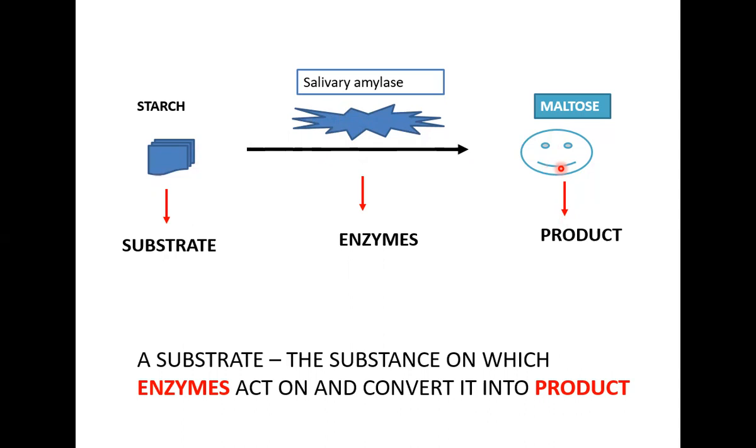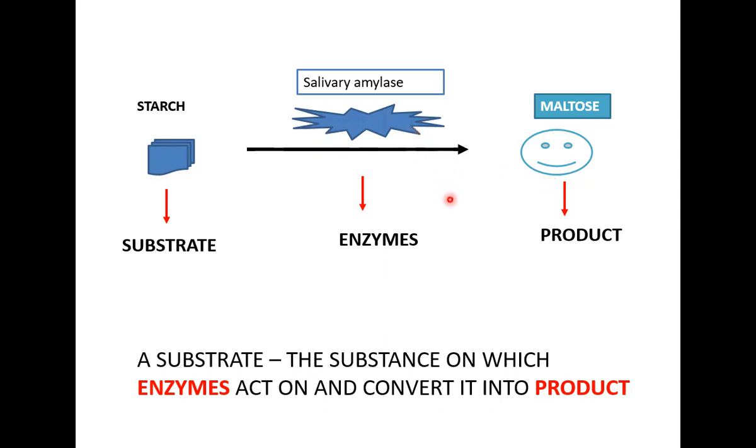And we have something called a false substrate. That is, by nature, the enzyme is supposed to act on certain substrates alone and convert it into a different product. For instance, an enzyme called dopa decarboxylase.